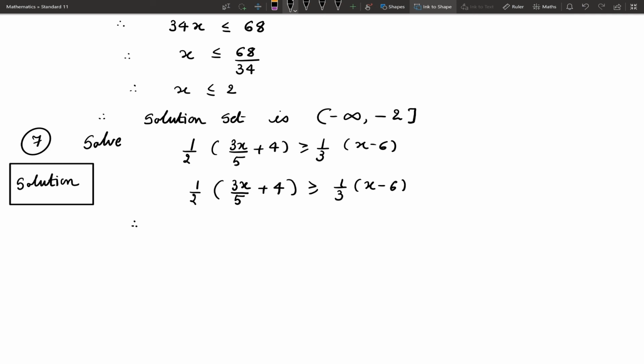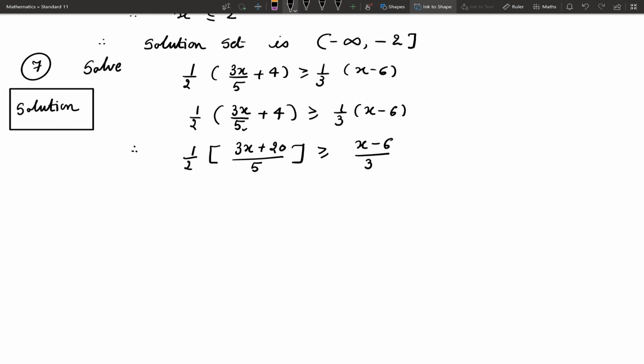First, here you can take 5 as LCM. So 1/2 into bracket 5 into 4 20 upon 5. On the left hand side we have taken 5 as LCM. 5 into 4 20 greater than or equal to, this is nothing but x minus 6 by 3.